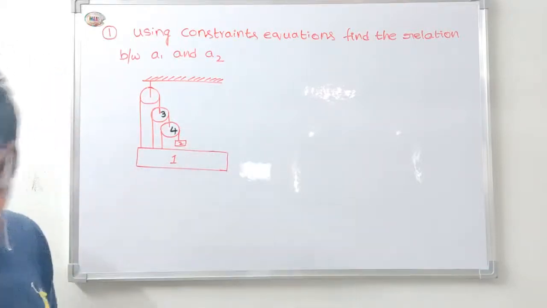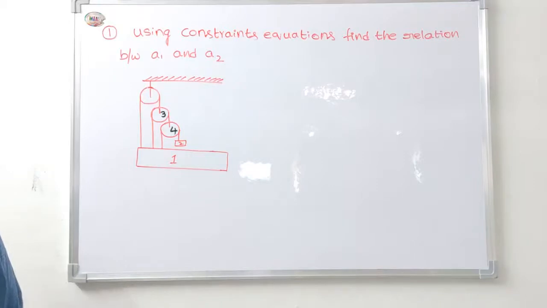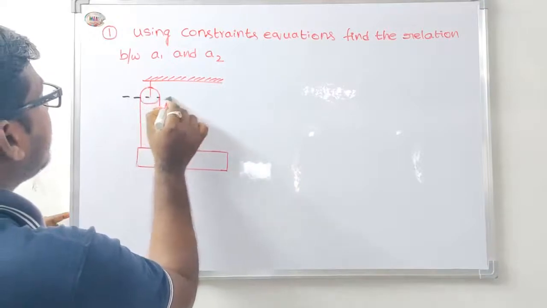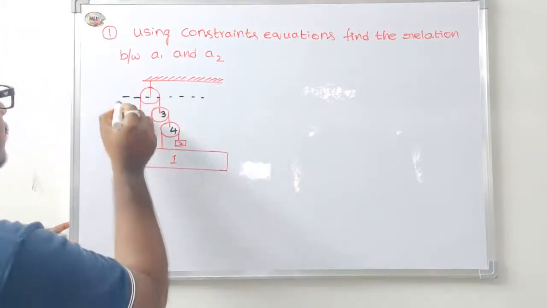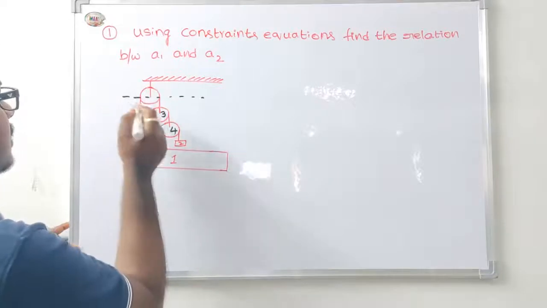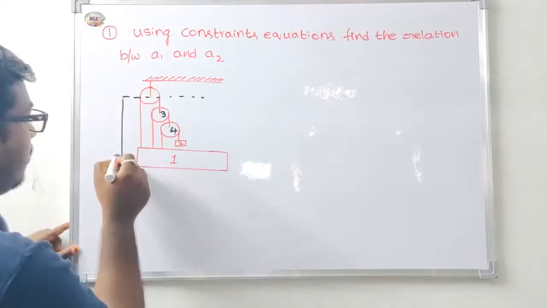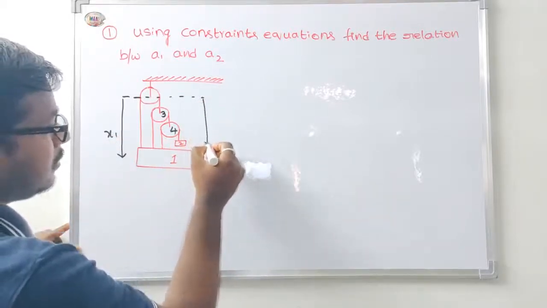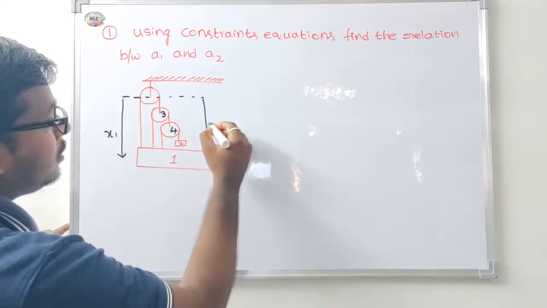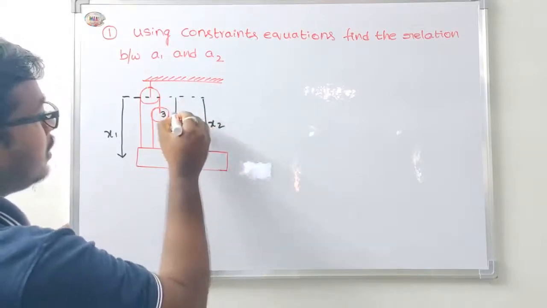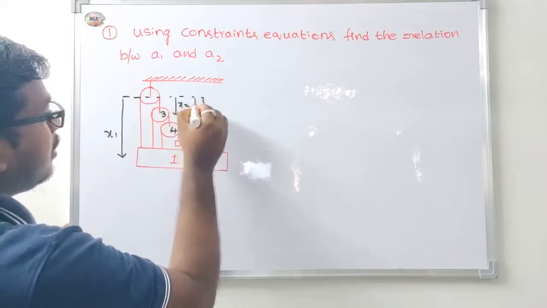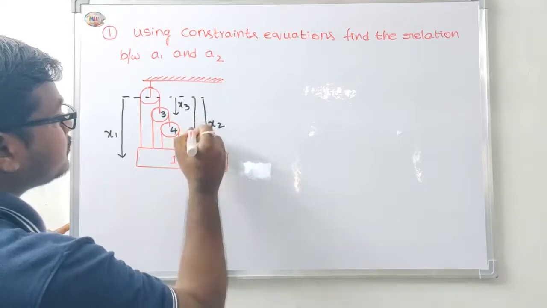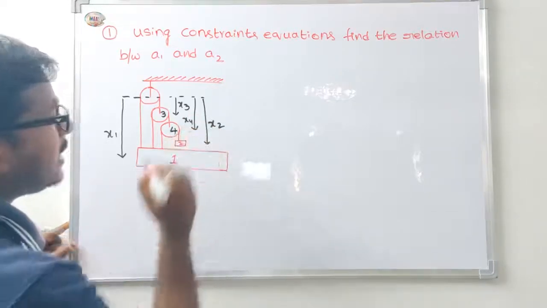Let their displacements from a dotted line be as follows: from the dotted line to block 1 is x1, to the second block x2, then x3 and x4.